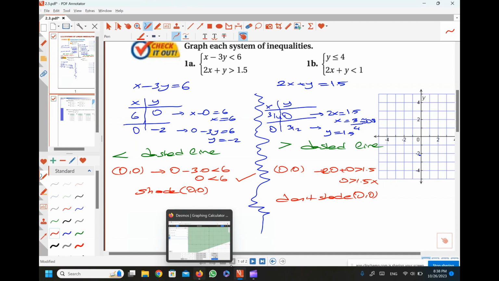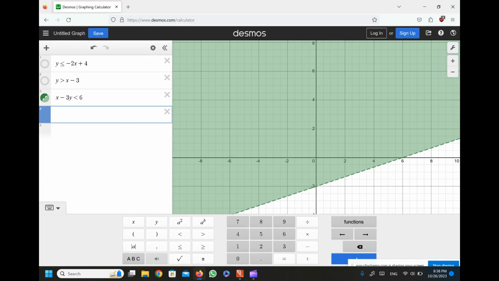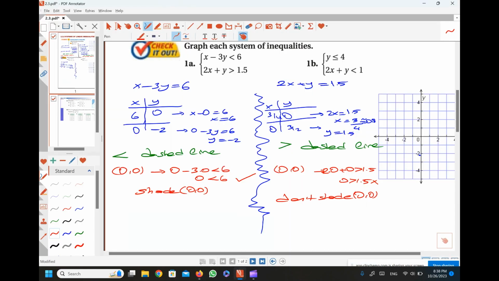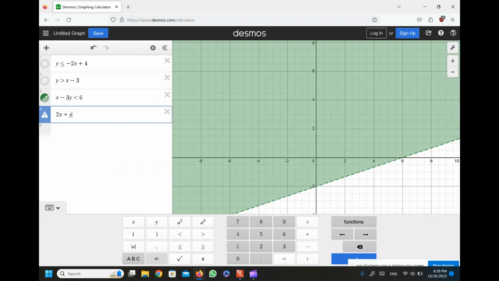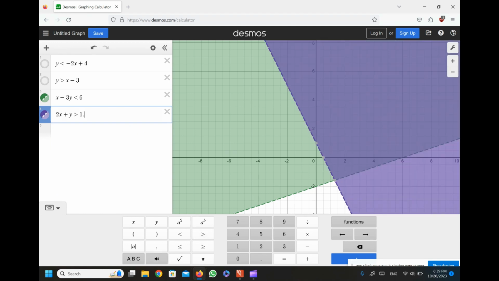2x plus y is greater than 1.5. So this is the second inequality. You find 0.75 on the x-axis.